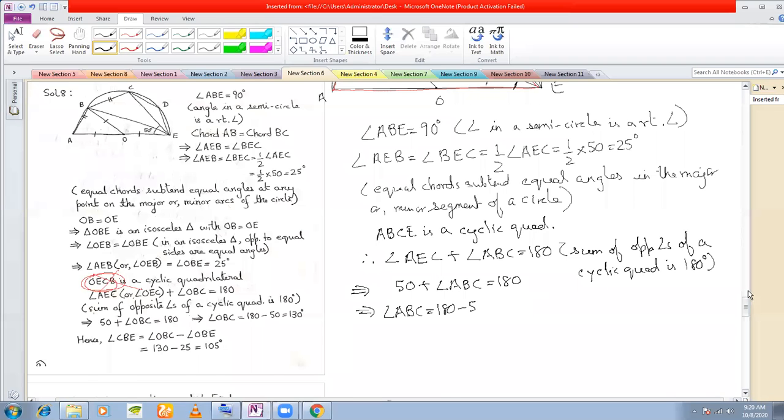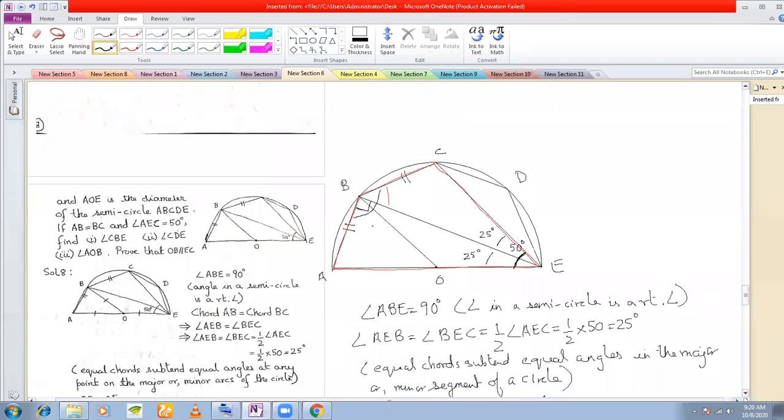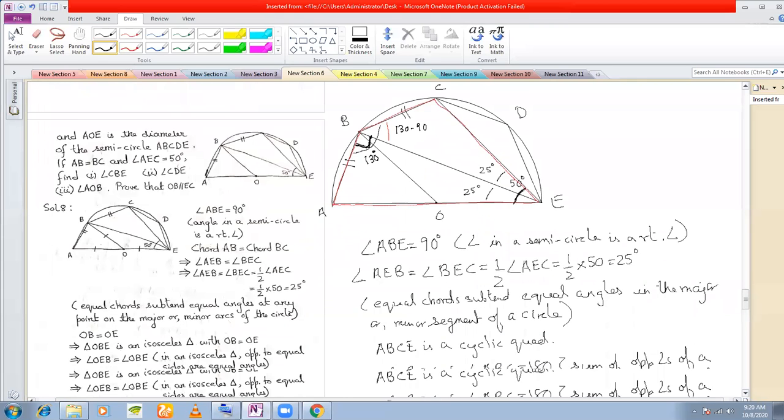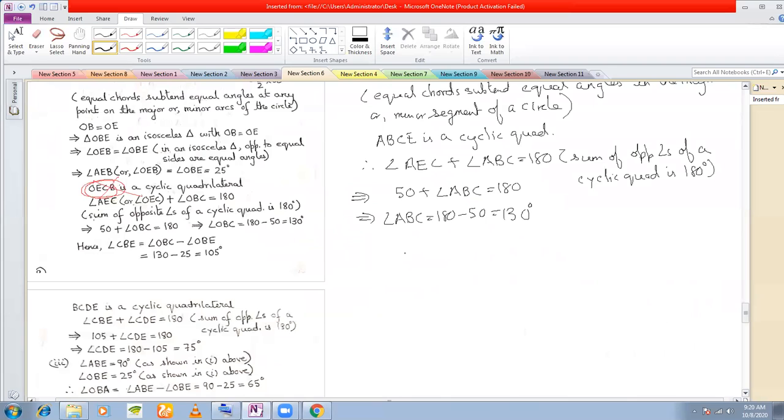So what does it mean? This means that this entire angle is 130 degrees. And this angle I have already marked as 90. So what must be this red angle of mine? This red angle must be 130 minus 90, right? So our first angle I have found out, CBE, which is 130 minus 90. Therefore, angle CBE is equal to 130 minus 90, which is 40. So I have found out this angle.